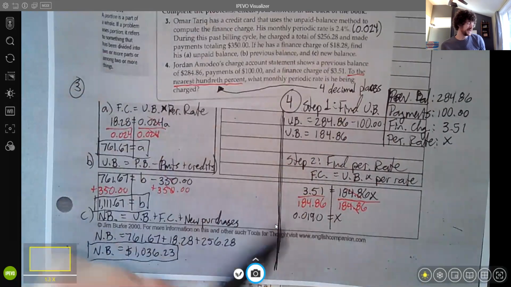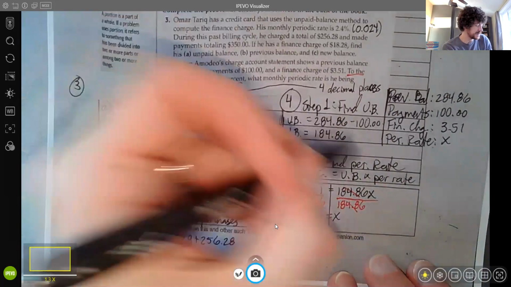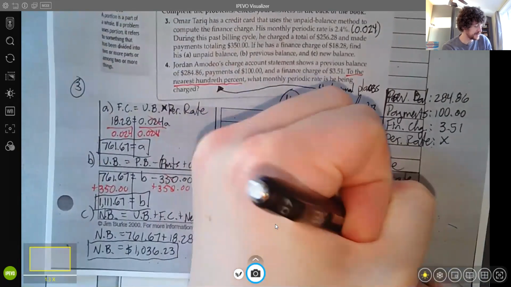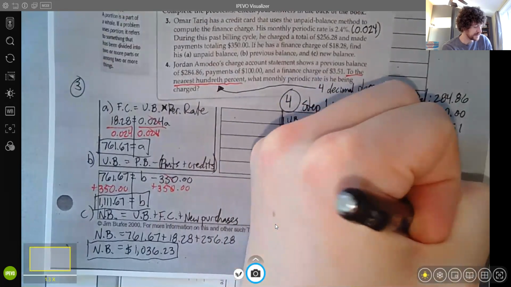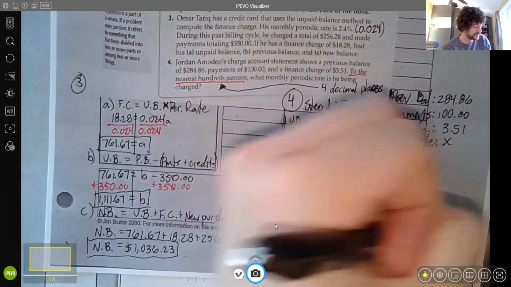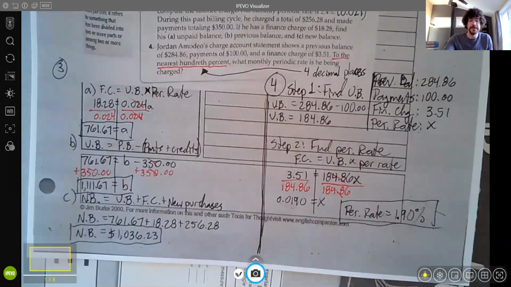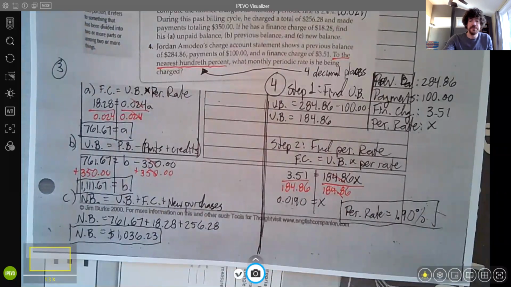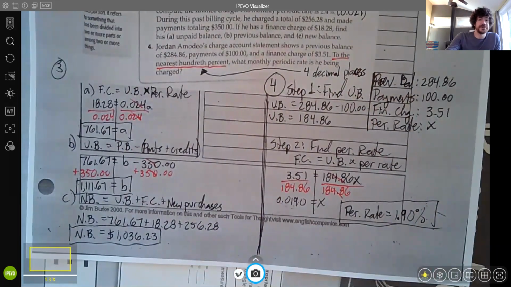And so to convert this back into a percentage, we're going to move our decimal 2 places to the right, which ends up as the periodic rate is equal to 1.90%. So that would be to the nearest 100th of a percent.